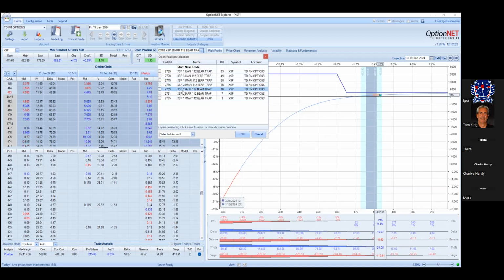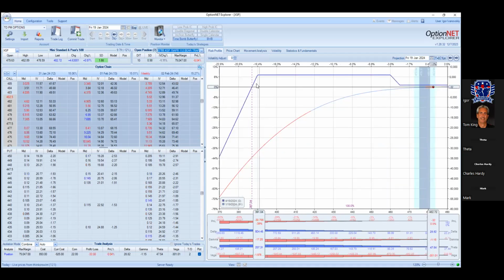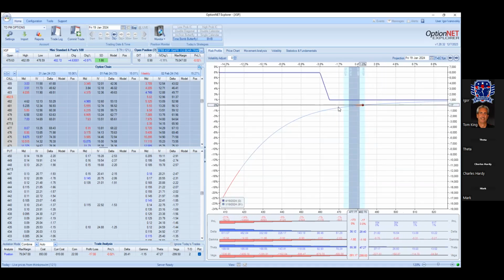Then I have April 19th. This one is 91 days away. You can see that the market moved one standard deviation higher in 10 days, and the trade is showing a slight loss. Why? Because the options that we sold naked didn't lose a whole lot of value, but the long put debit spread took a hit. So that's creating a net positive volatility effect.